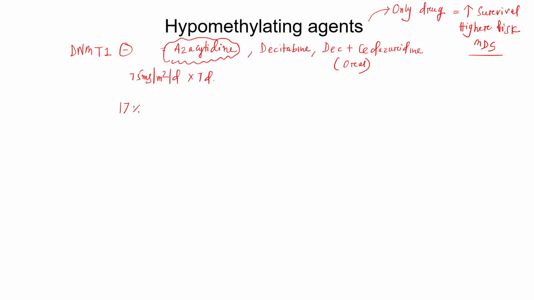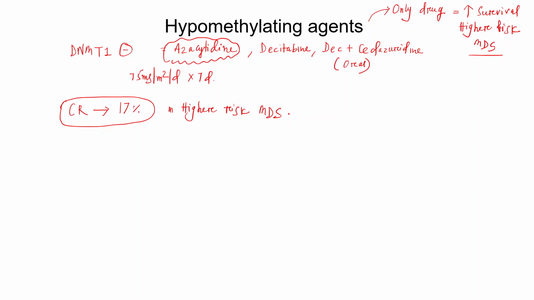This is the complete response rate in higher risk MDS group. So the most commonly used drug is azacitidine in this group of hypomethylating agents, and the complete response rate is 17%.